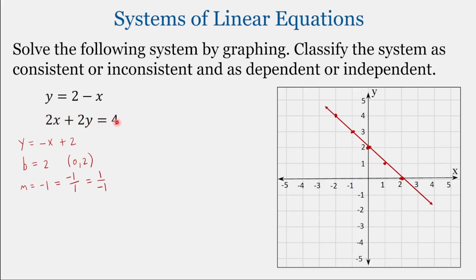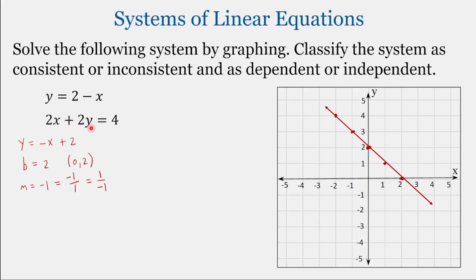Now with this second equation, this is in standard form. And there's a few different ways that we can graph an equation written in standard form. One way is to convert it to slope-intercept form, and then find both the slope and the y-intercept to graph the line, like we did with the first equation.